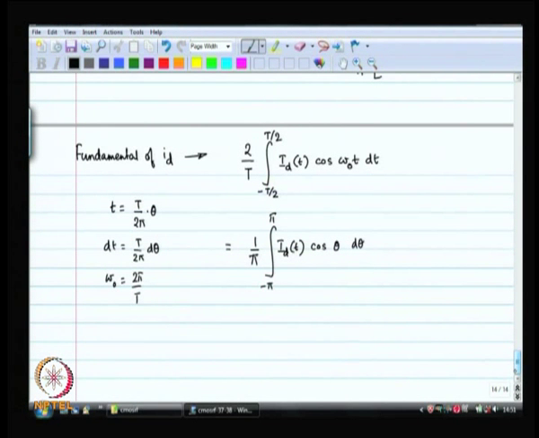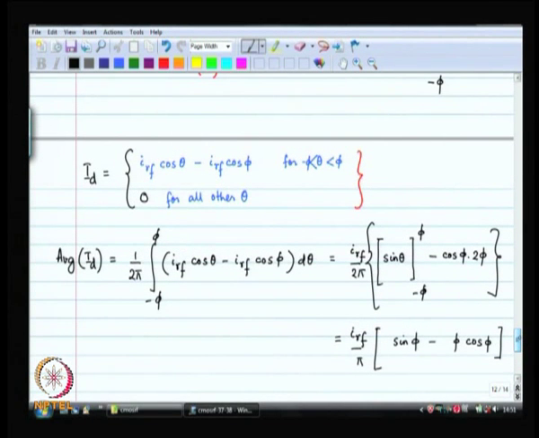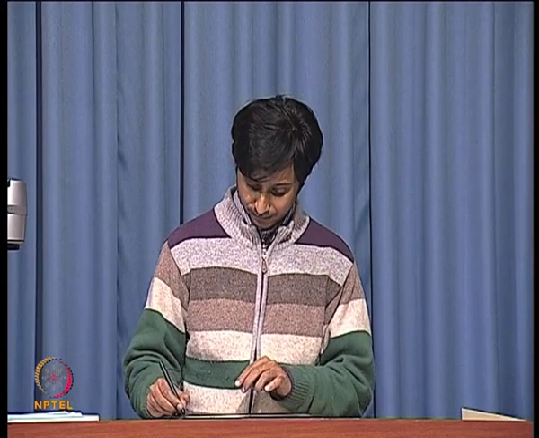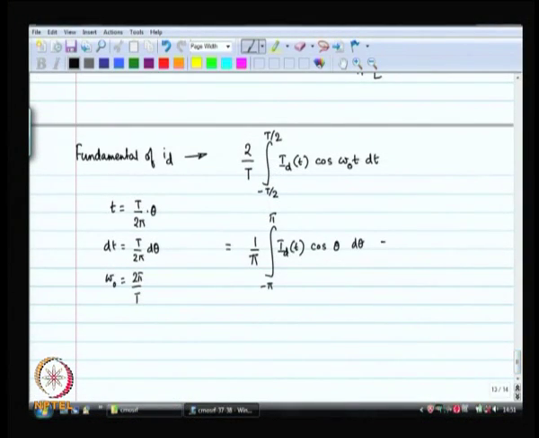Now, ID of t, as before, ID is 0 for all other theta, and ID is something between minus phi and plus phi. So, this integral is just basically going to boil down to an integral between minus phi and plus phi, and between minus phi and plus phi, ID is something.